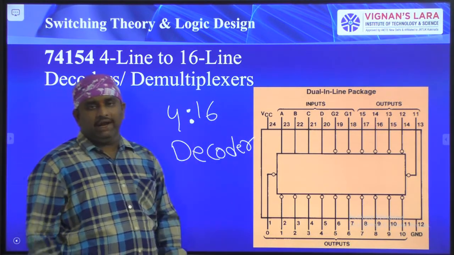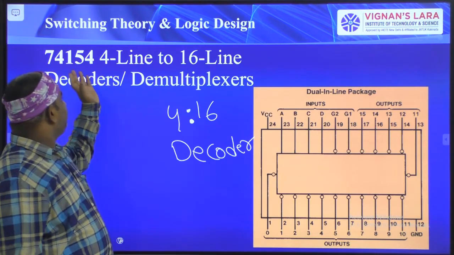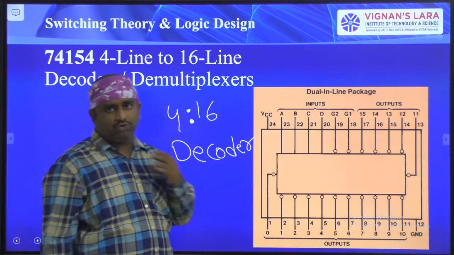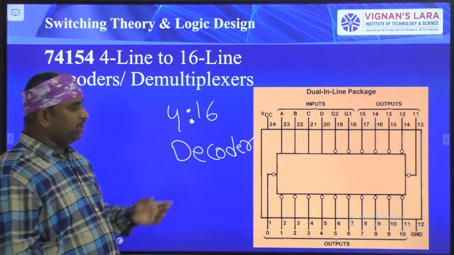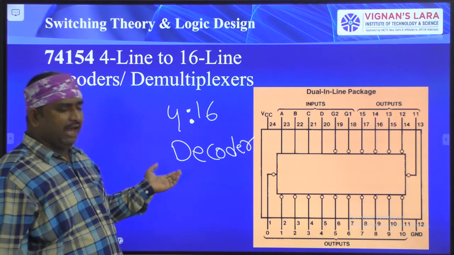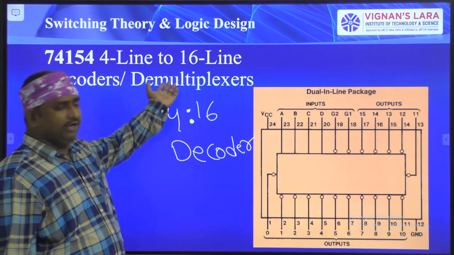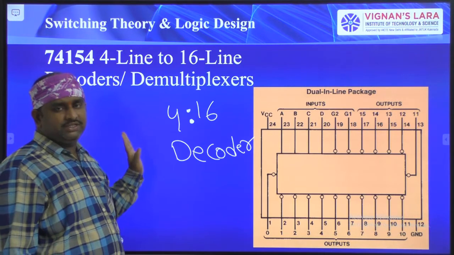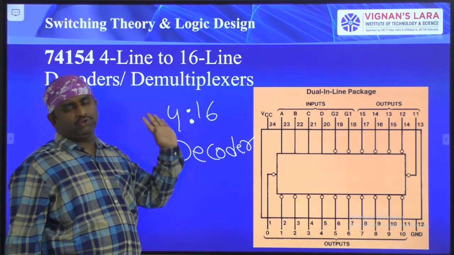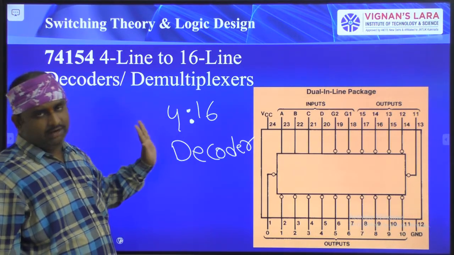This IC functionality is the 4 to 16 decoder. Otherwise you can use this one as a multiplexer also, and sometimes as a demultiplexer. See here, this is the circuit representing a 4 to 16 line decoder or demultiplexer.